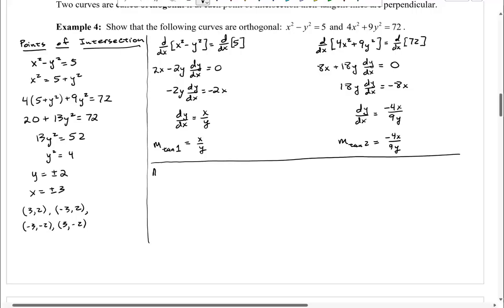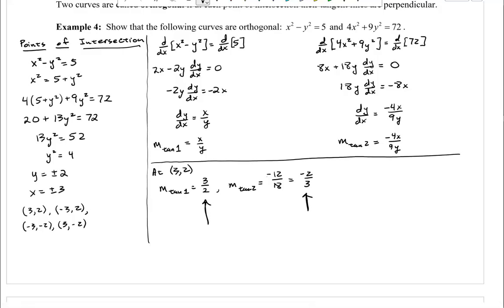So for example, at 3, 2, the slope of tan 1 is simply the x value, which is 3, over the y value, 2. And the slope of tan 2 is equal to negative 4 times the x value, so that's a negative 12, and 9 times the y value is 18, and that reduces down to negative 2 over 3. And so if we remember back from algebra, if we have two slopes that are reciprocals and opposite signs, that means that the two lines are perpendicular.